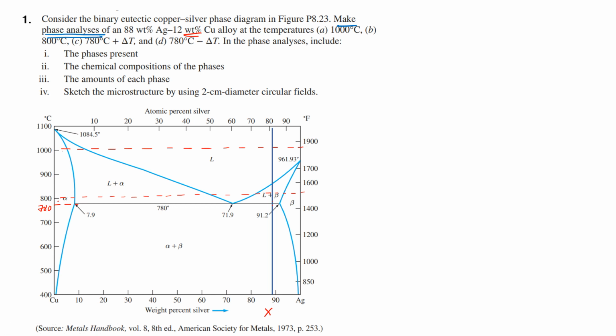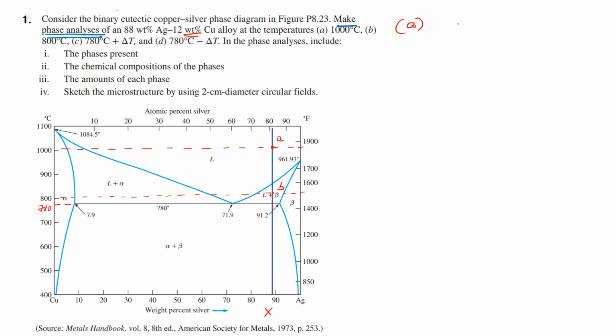This and this, right? And this is A, this is B. Just here is C and just here is D. Okay, I'm not writing because we don't have much space here.